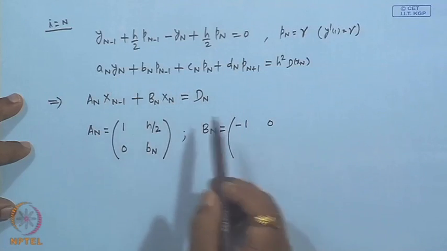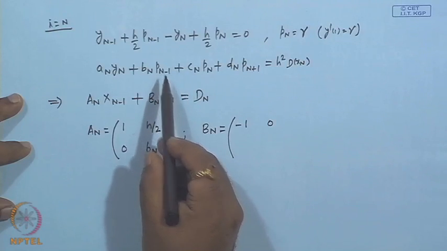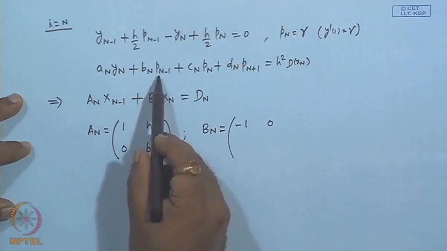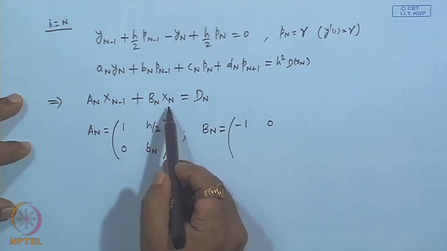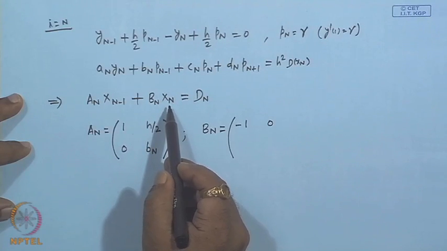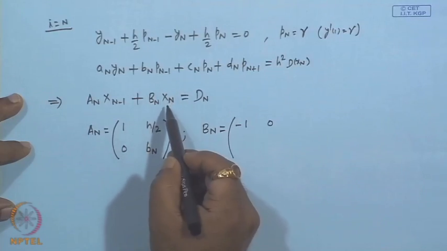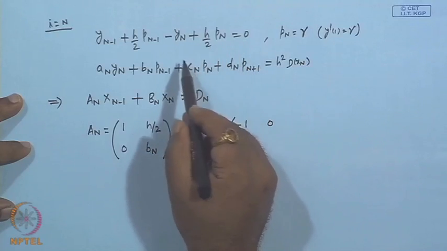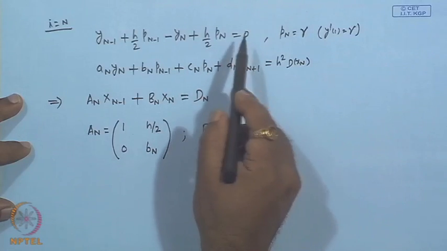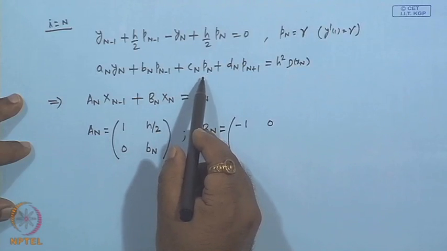So, please look carefully. Okay. So, this is n minus 1. So, y n minus 1, p n minus 1 is done. Then x n. Okay. So, we have to write x n. So, x n should contain y n and p n. Okay. So, p n is known. So, we push it to the other side and even here we know it.